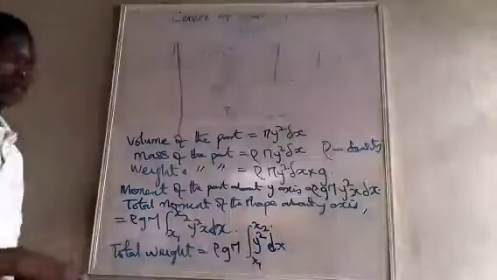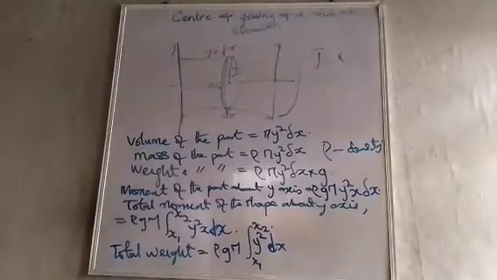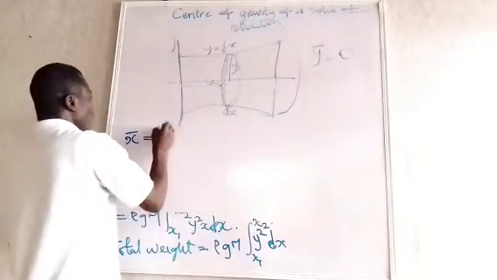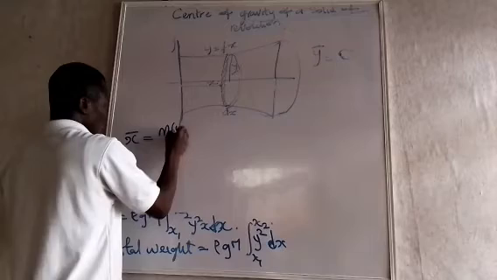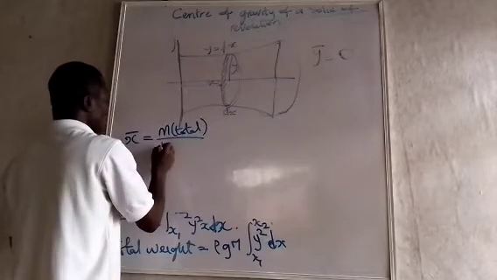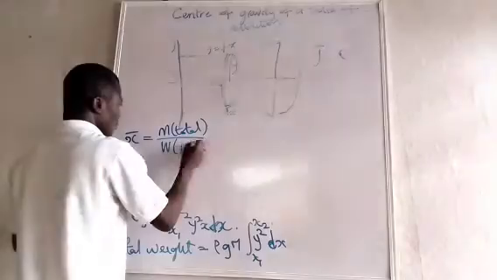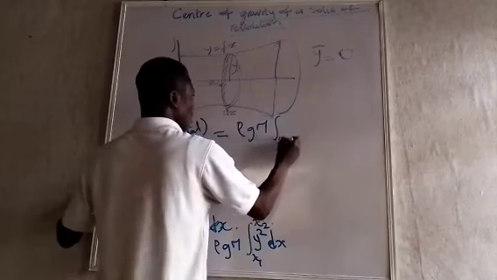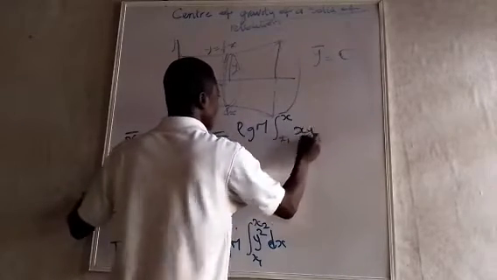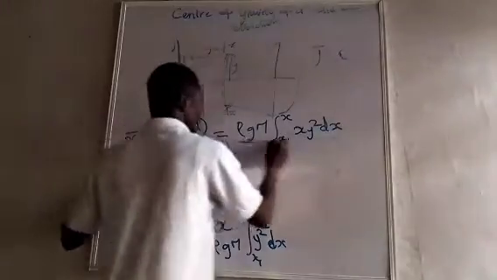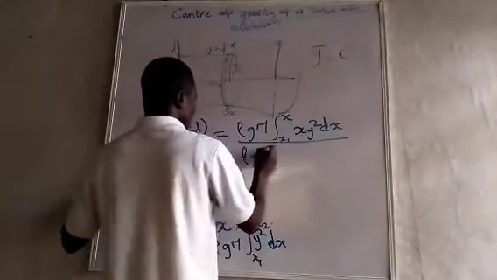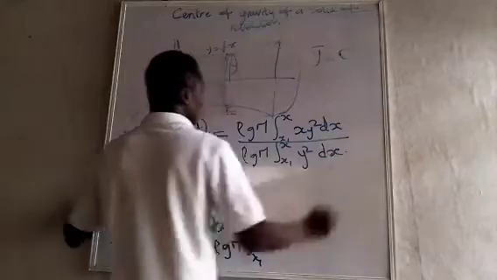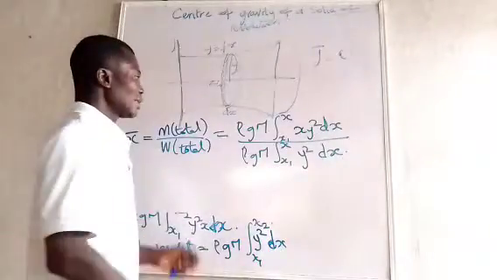At the end of the day, the center of gravity along this x-axis is going to be total moment over total weight. This is going to be rho g pi integral from x1 to x2 of x y squared dx over rho g pi integral from x1 to x2 of y squared dx. So you can see it has been simplified.